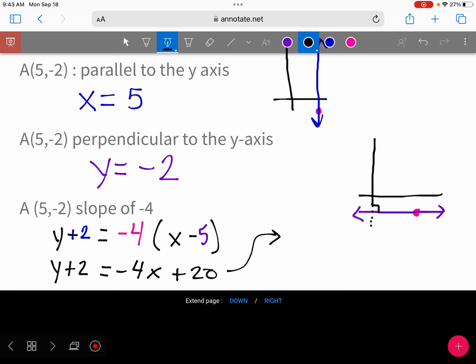So let's add 4x. We're going to have 4x plus y plus 2 equals 20. And subtract 2, because I want my x and y's together and the numbers all on the other side. So 4x plus y equals 18. And that's our general form.